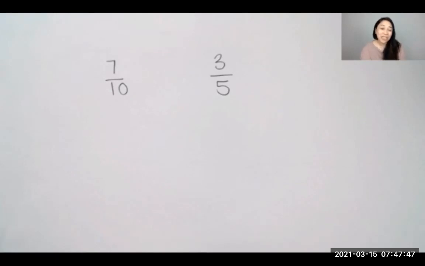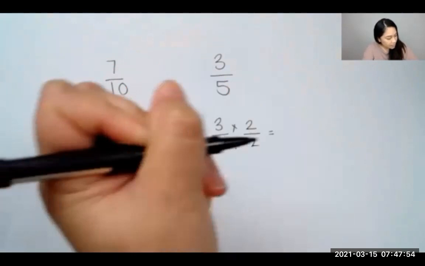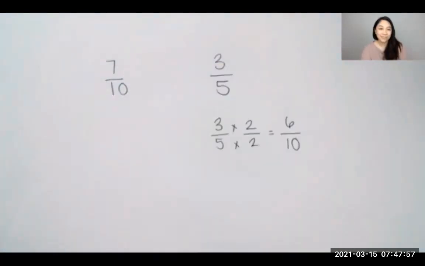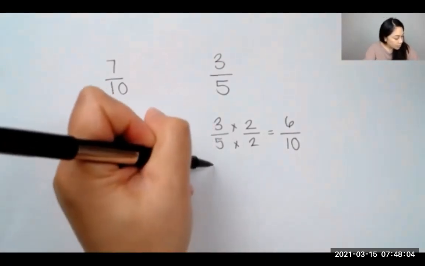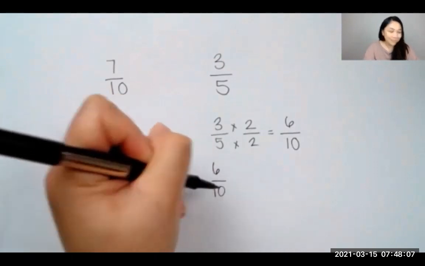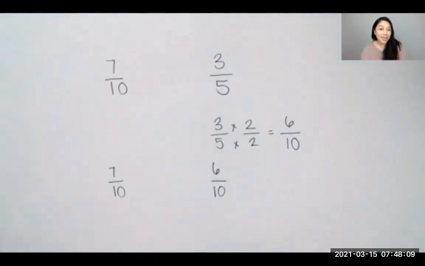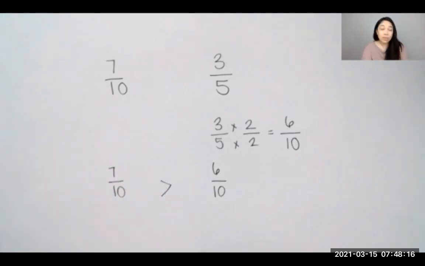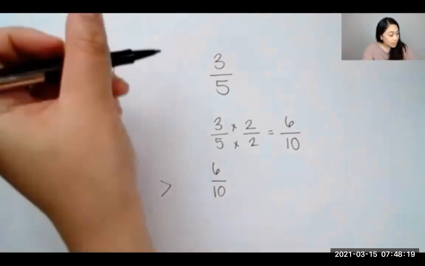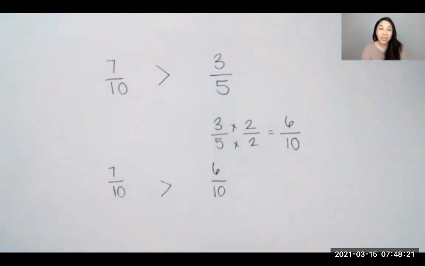Yes, we can partition each fifth in half to make tenths. Now we can compare 7/10 and 6/10. We can clearly see that 7/10 is greater than 6/10. In other words, 7/10 is greater than 3/5.